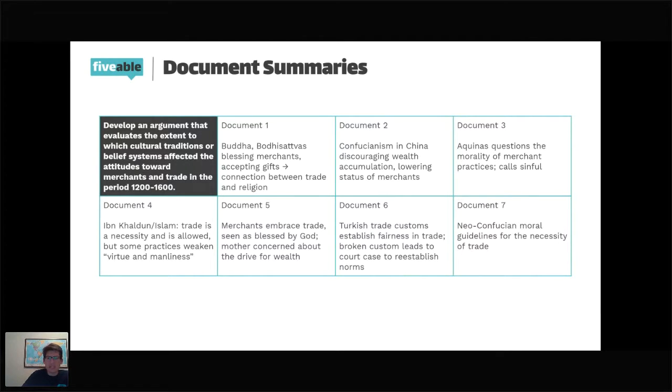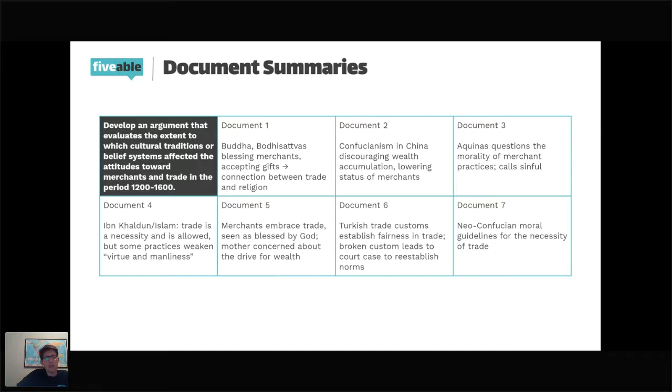Italian merchants, 14th century, late 1300s, really going to start to expand their trade at the beginning of the Renaissance. Here we have a very different view of trade than what we saw with Aquinas. Instead of a practice being sinful, we see a shift in attitudes toward trade. This would be a change that I might highlight in my essay.